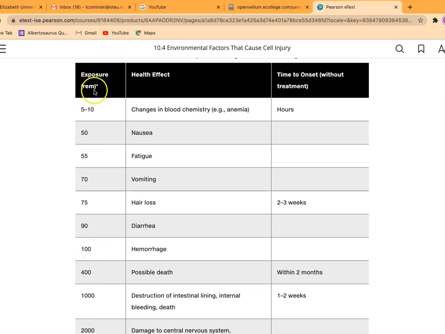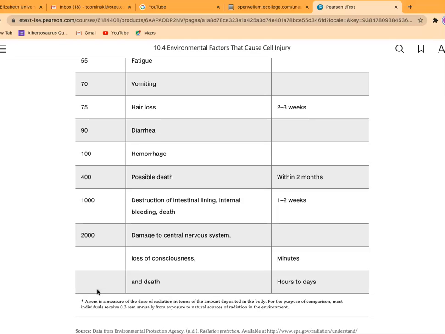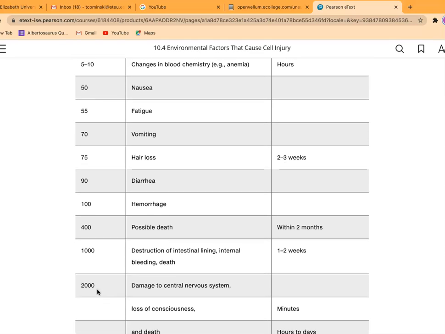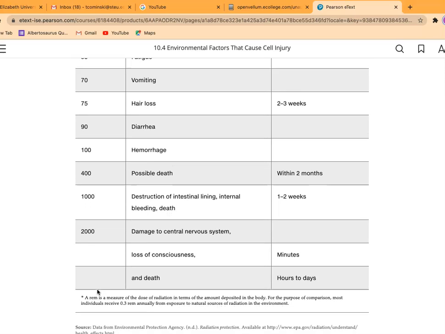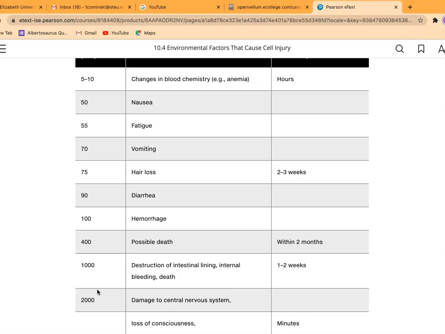REMs are one of the ways that you measure the amount of radiation. As you increase here, you can see some of the health effects that will occur, just to give you an idea of the varying degrees of intensity of those health effects.